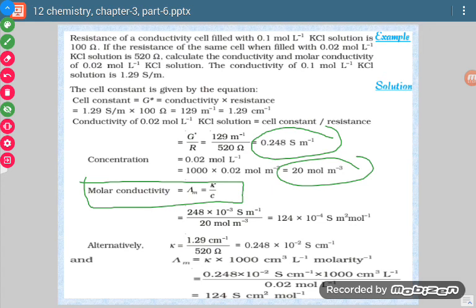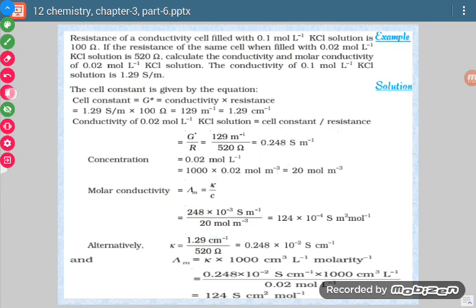I can write this as 248 divided by 1000, so 248 divided by 10 raised to power 3, or 248 multiplied by 10 raised to power minus 3. This is the value of kappa, and this is the value of C. After putting the values, we calculate that lambda m is equal to this much.